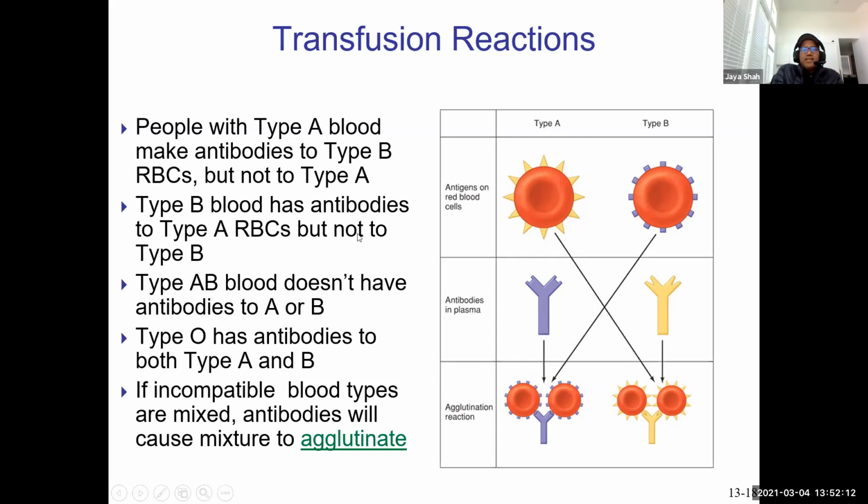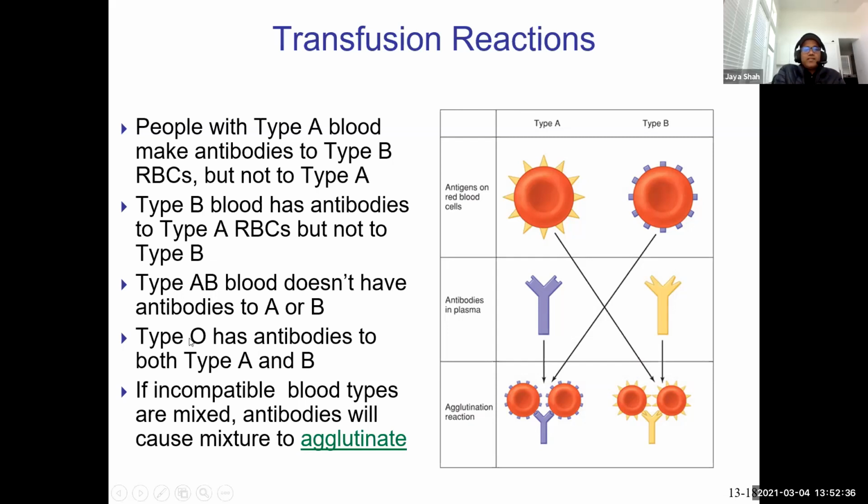Type B blood has antibodies to type A RBC, but not to type B. Type AB blood doesn't have antibodies to A or B because type AB contains both antigens.